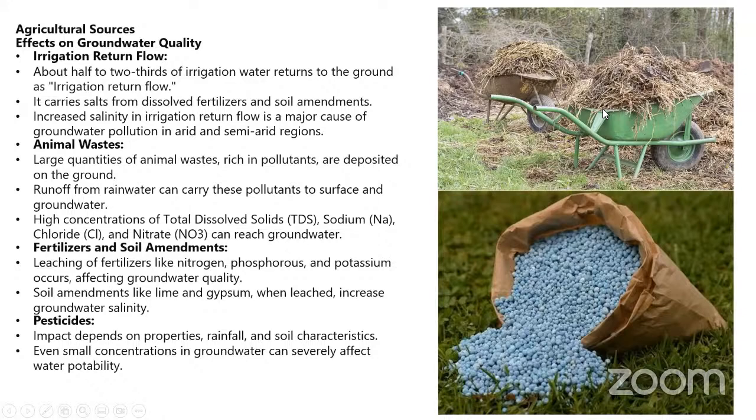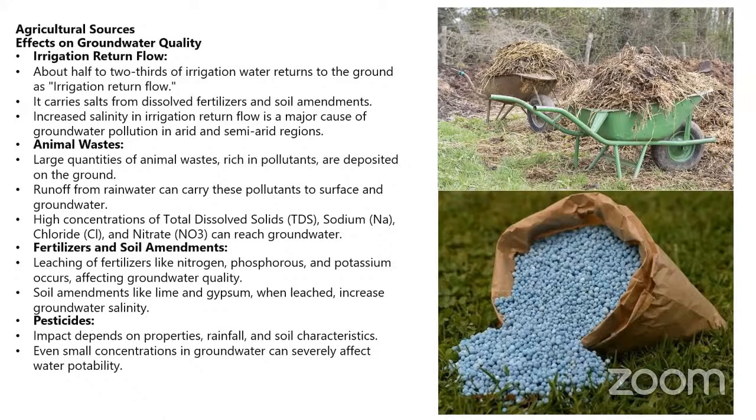In this picture, you can observe the animal waste and the fertilizers which are affecting the groundwater quality. See here, an effect on groundwater quality: irrigation return flow. About half to two-thirds of irrigation water returns to the ground as irrigation return flow.